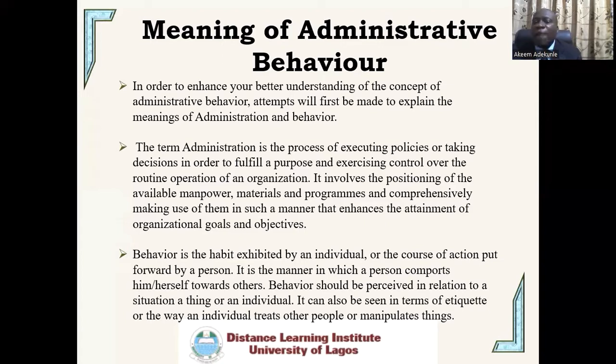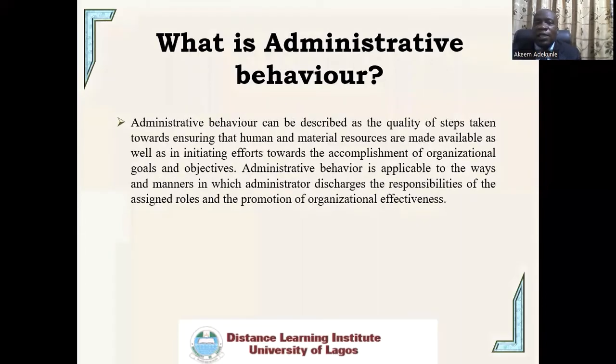And it is the manner in which a person comports him or herself towards others. Behavior can therefore be perceived in relation to a situation, a thing, or an individual. And it can also be seen in terms of etiquettes, or the way an individual treats others or manipulates things.